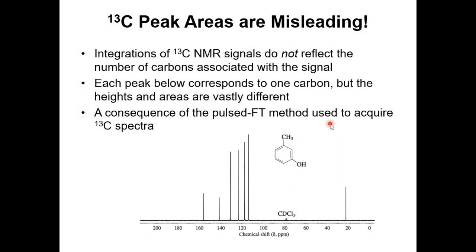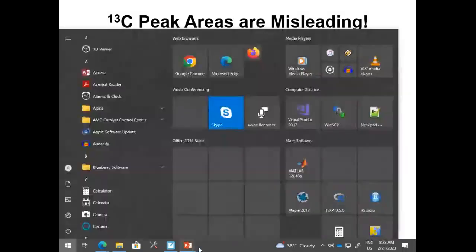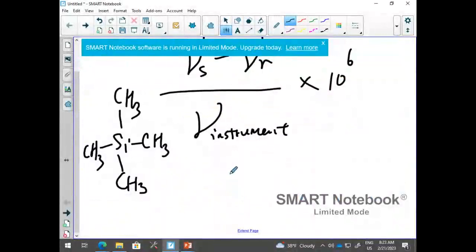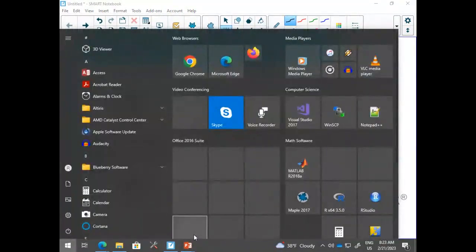In many cases, if you want to know how many different kinds of carbons you have in a molecule, you can utilize the symmetry argument.